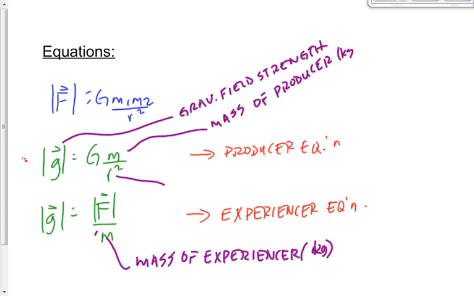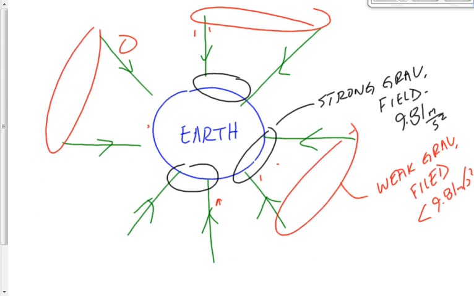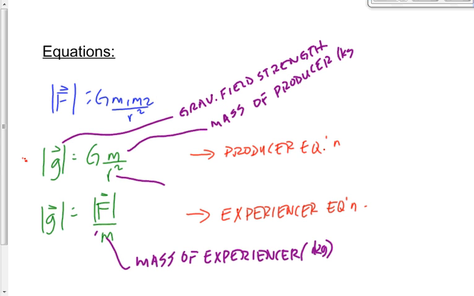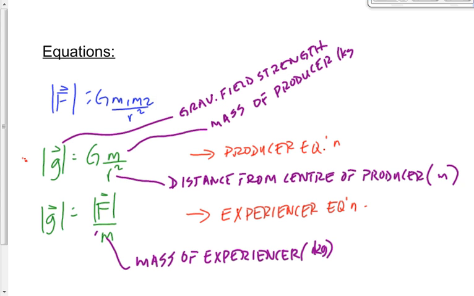R is the distance from the center of the producer. So if this is your diagram again, ball's up here, or even if there's nothing there, the distance from the center of the Earth to wherever it is that you're trying to find the field, that's going to be R. And finally, F, the force experienced, the force felt.